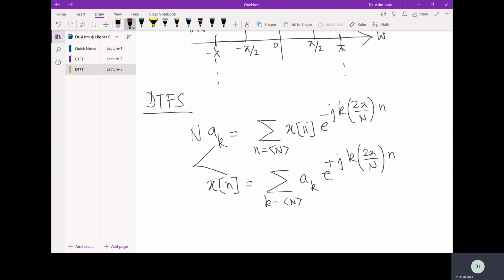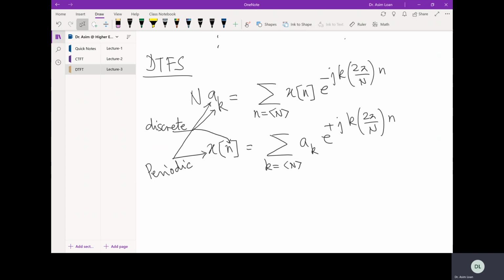So k is discrete, n is discrete. This is periodic, this is periodic. So this has exactly the same relationship that we had for the continuous time Fourier transform case. So the discrete time Fourier series has the same duality relationship.